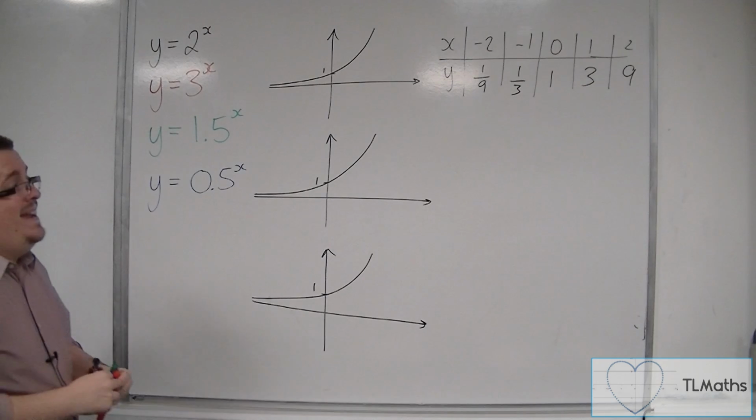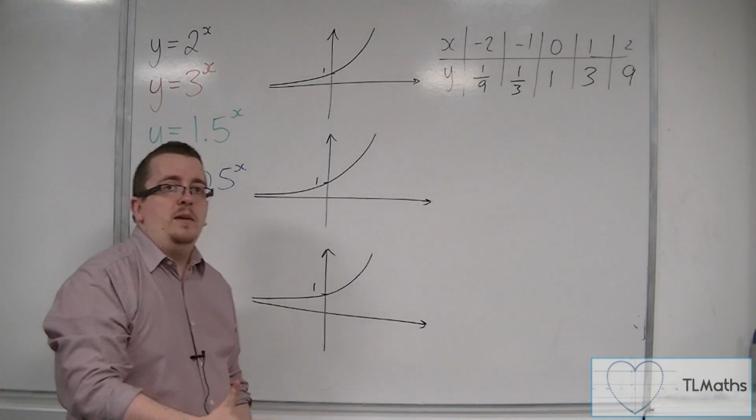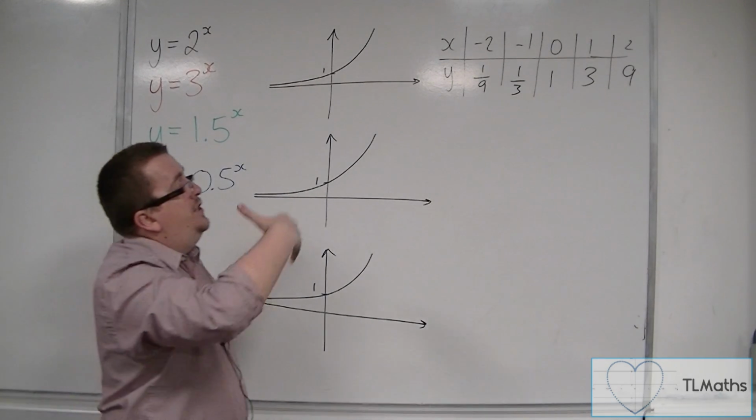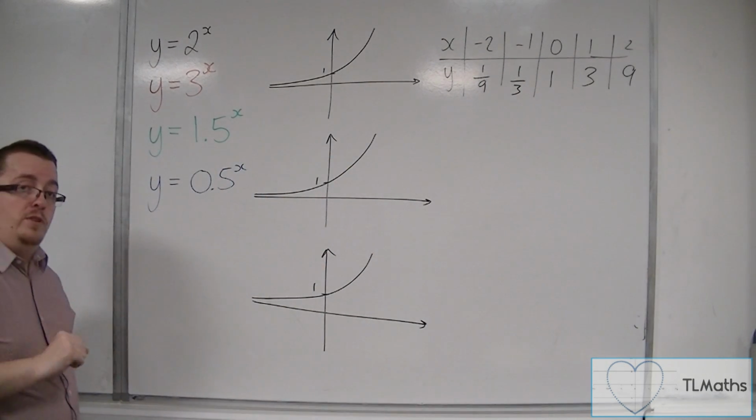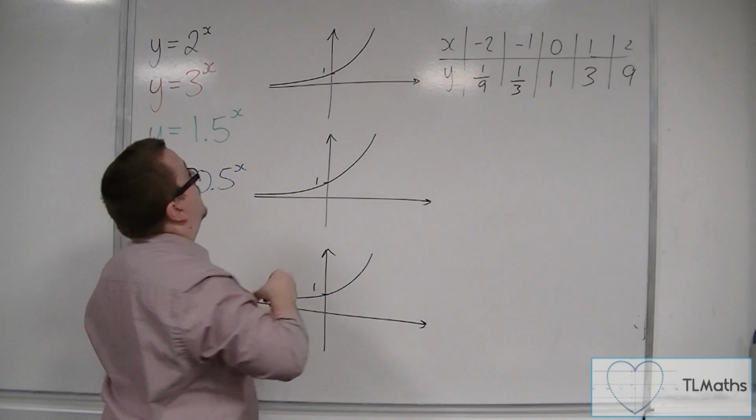So if you compared that with the previous table in the previous video, then you should be able to see that actually this curve also goes through 0, 1.